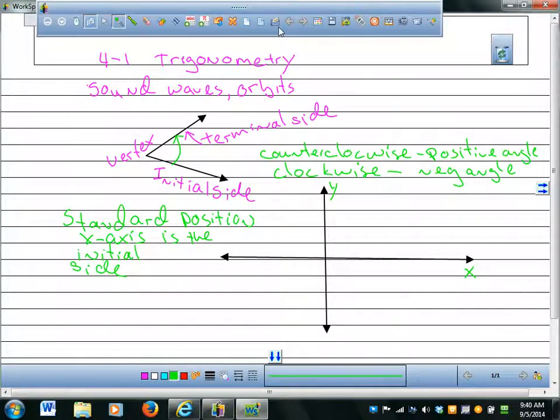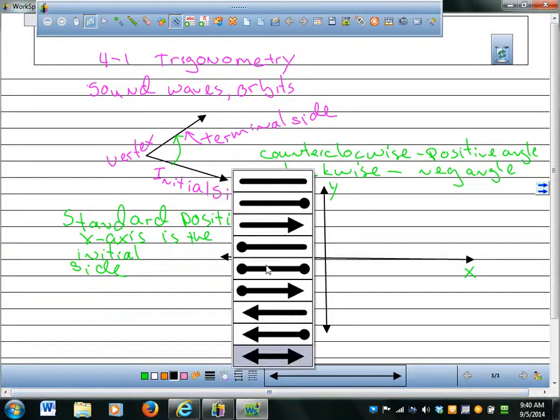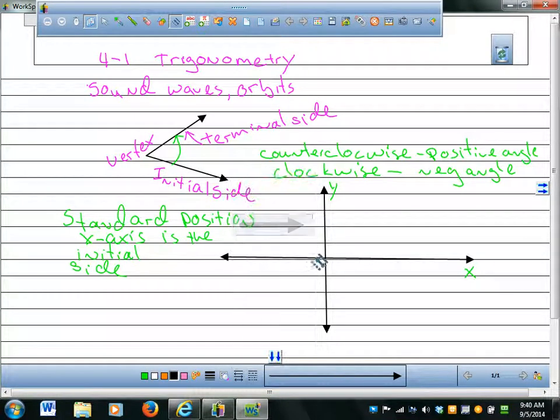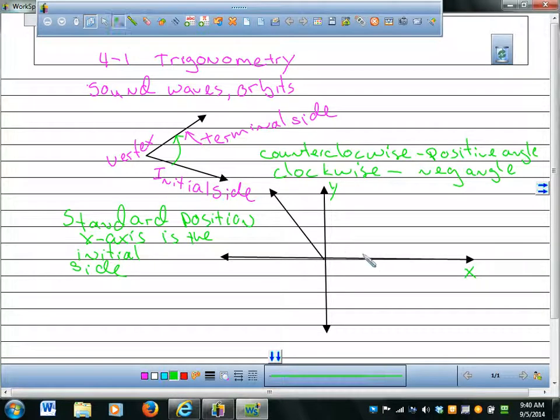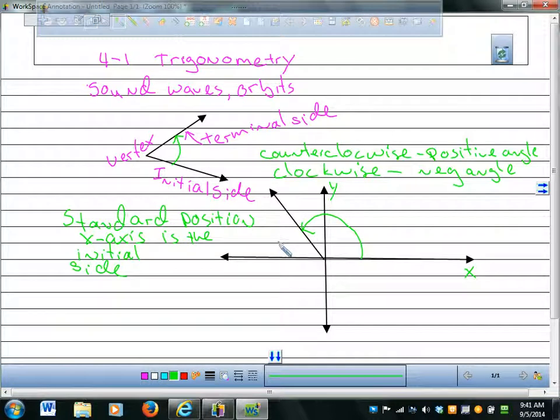So if I want to make an angle going out in the second quadrant over here, one way I could get to this angle is starting at the initial side and going that way. That would be a positive angle. It's a rotation counterclockwise about the origin, but I could also get there by going backwards.